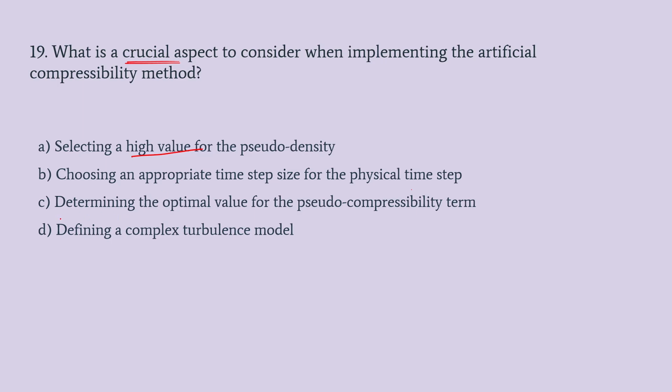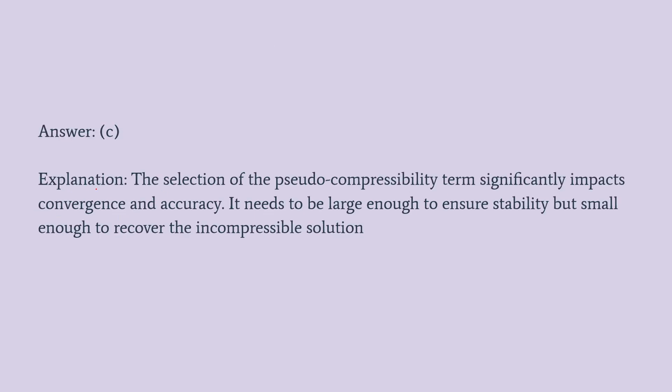Yes, option C is the right answer. That is determining a pseudo compressibility time. You can keep in mind that most commonly in CFD methods, when we have such a question, always go for the options containing optimum.